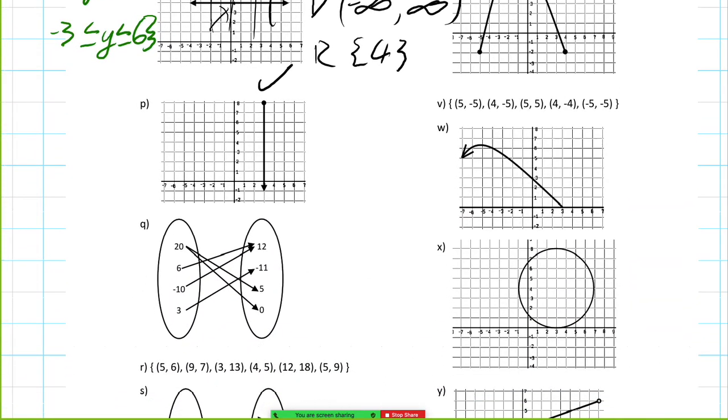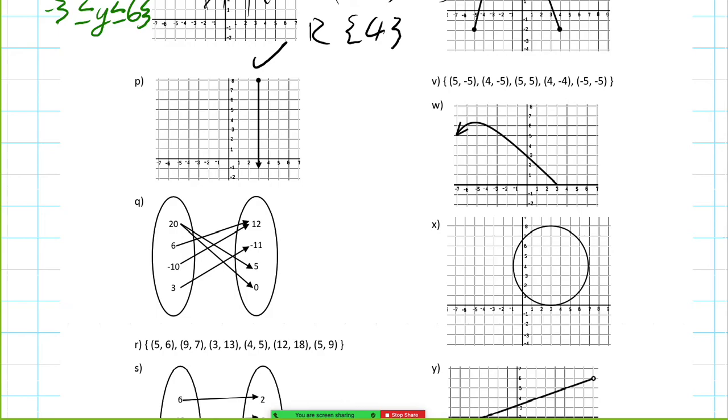Nothing too different. We do have some set notation, where we have the numbers written as sets here. We'll quickly check out this set for domain and range. The domain here is just a list of numbers, so we'll write them out and then rearrange them. We use all the x values for the domain: 5, 4, 5, 4, and -5. We don't need to be redundant; we only have to write a number once.